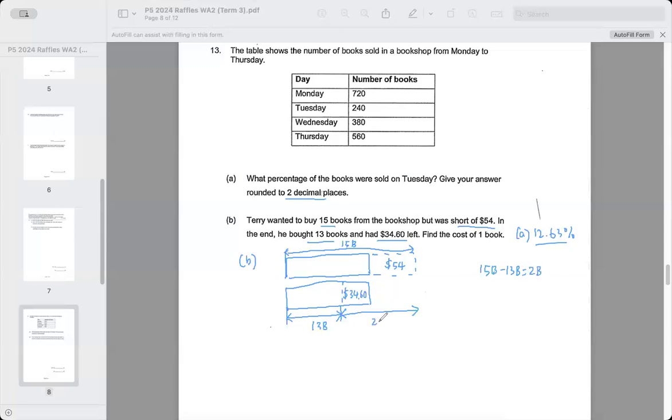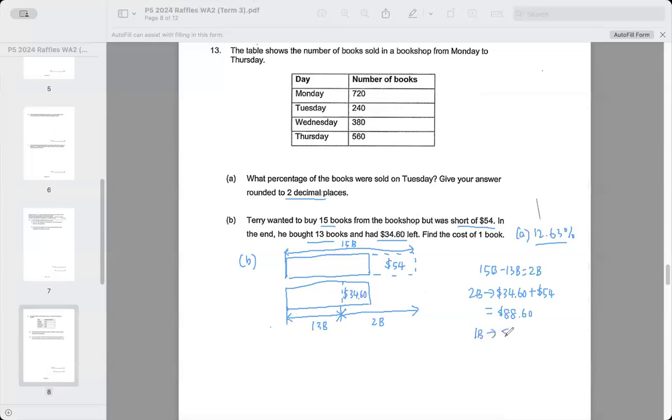So from here to here will be the cost of 2 books. How do we find the cost of 2 books? It will simply be $34.60 plus the $54. Let me write it down. $34.60 plus the $54 will give us $88.60.